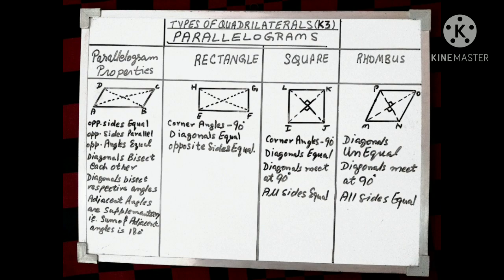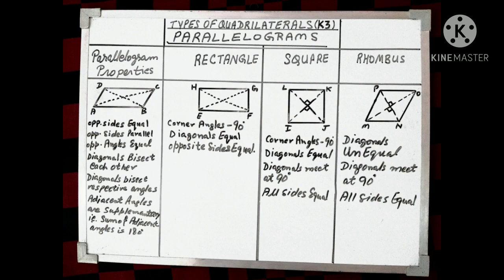As we had in the square, diagonals meet at 90 degrees. In a rhombus also, they meet at 90 degrees. And here also all the sides are equal. So when you try to distinguish between a square and a rhombus, the only difference you will find is that the diagonals are unequal, right?